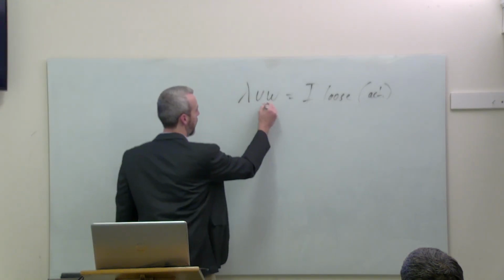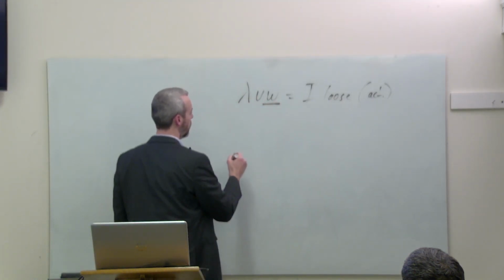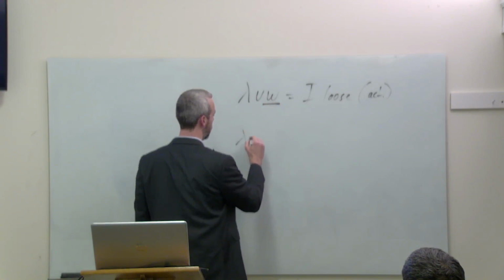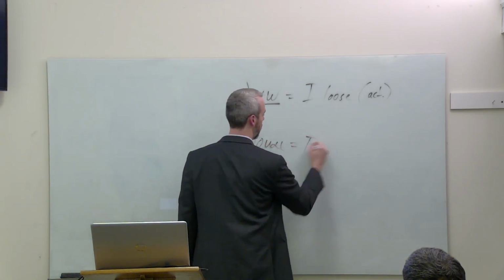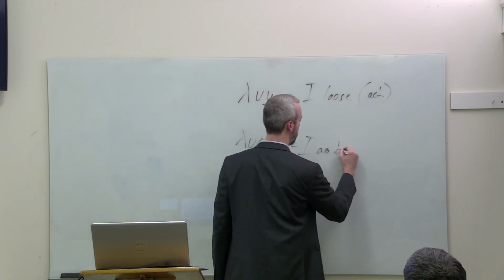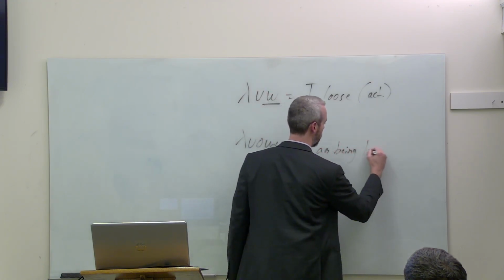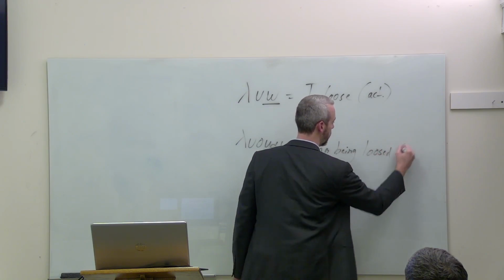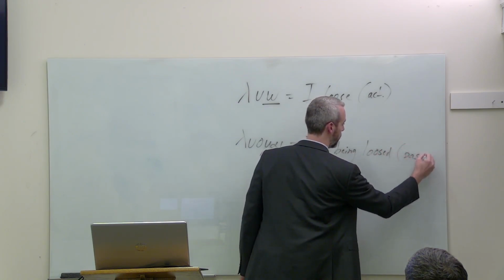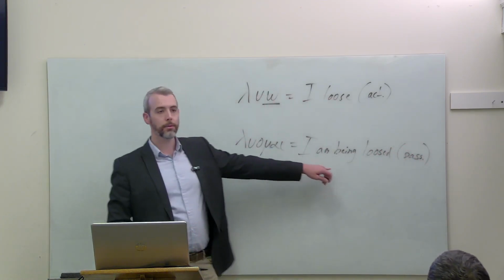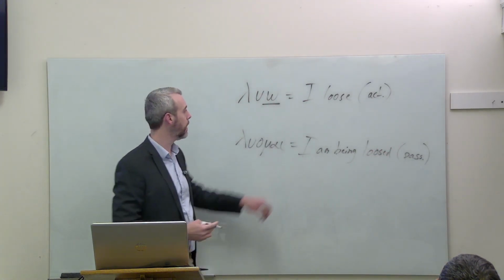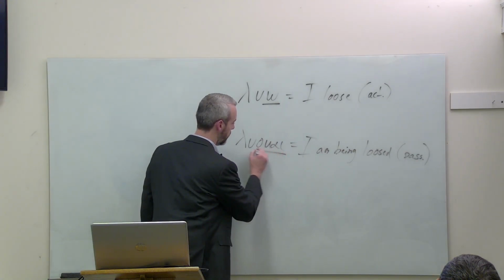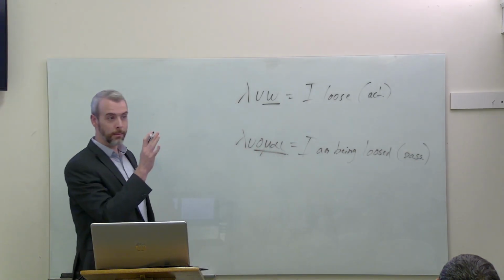So here's an active ending. You could put that in a passive ending. I am being loosed. Passive. So I am being loosed by the jailer, something along those lines. There is the ending for that. And I'm not making you memorize endings.